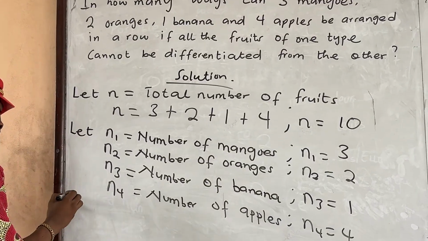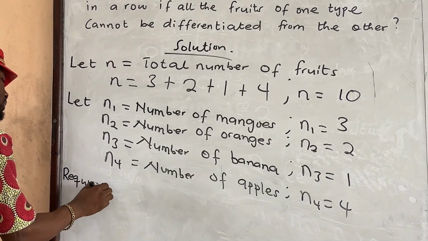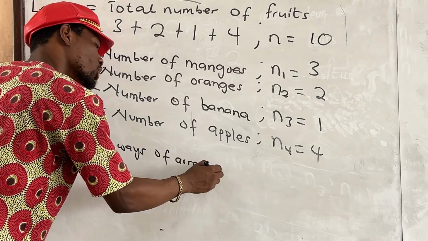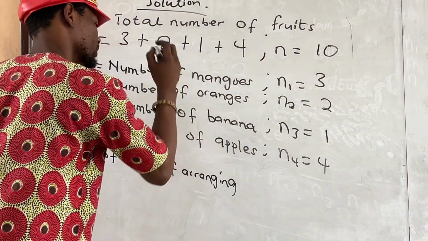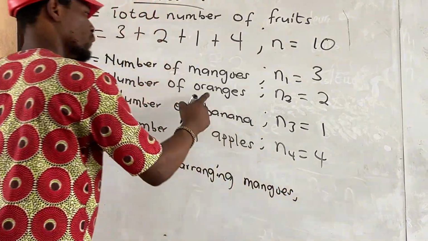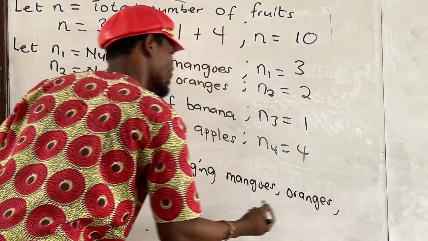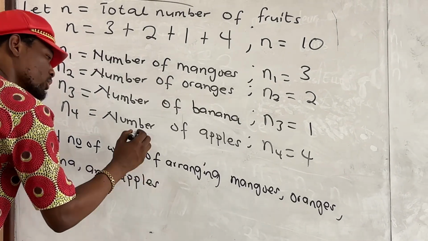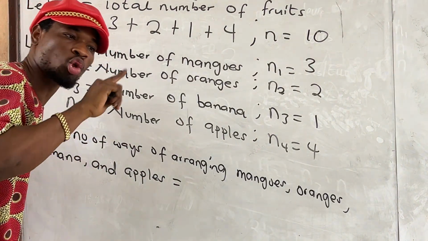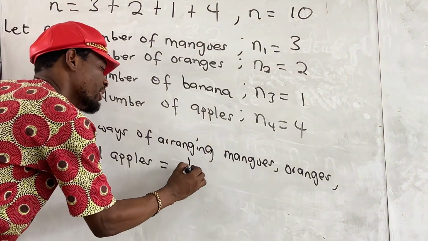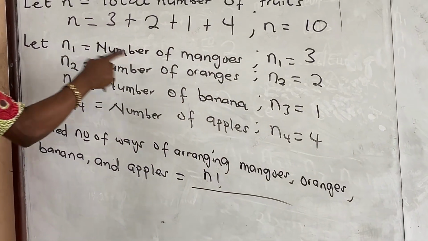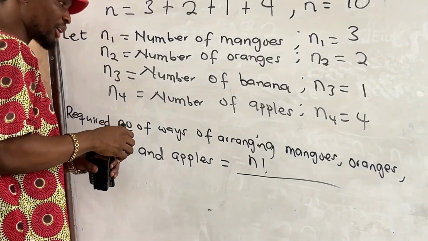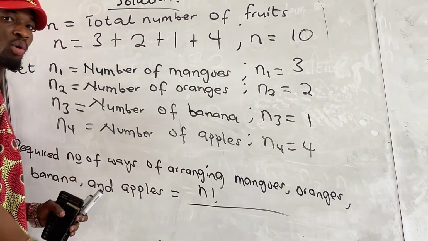The required number of ways of arranging the mangoes, oranges, banana, and apples is given by the formula: n factorial all over the number of ways of arranging mangoes, the number of ways of arranging oranges, the number of ways of arranging banana, and the number of ways of arranging apples in a straight line.